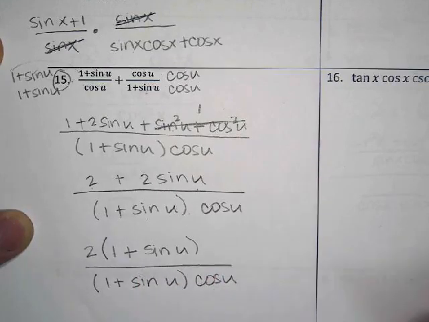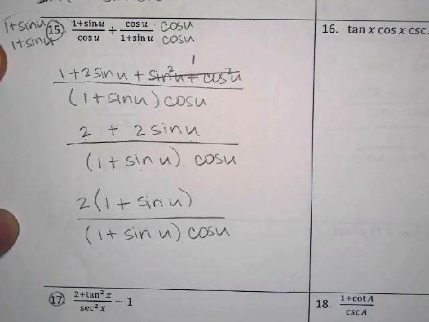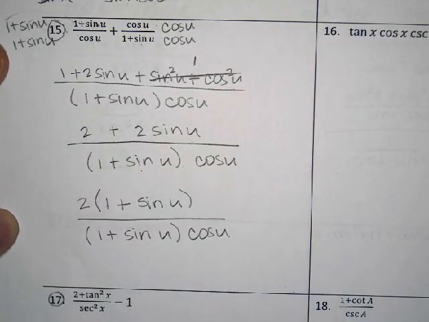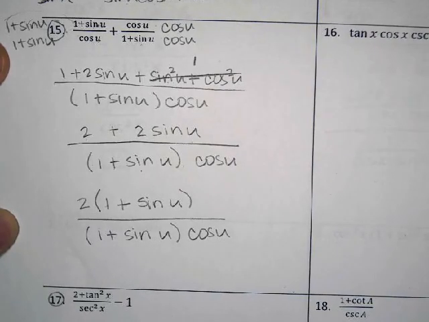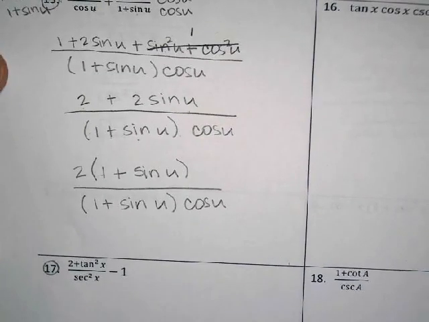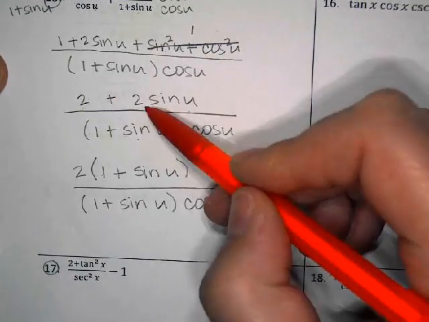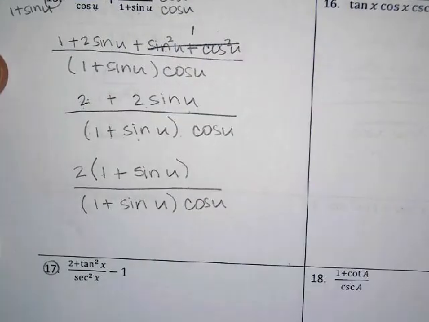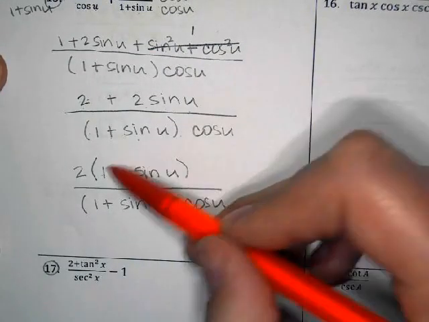And you have to be really careful to make sure you're still doing algebra correctly and that your algebra doesn't fall apart because you're doing it in terms of what feels like words instead of numbers. Okay, so I took 2, I divided 2 out of each term. I got 1 plus sine u, and now what do I have?